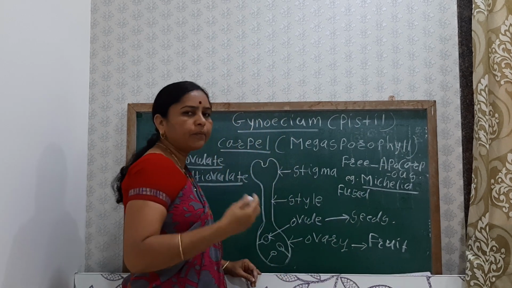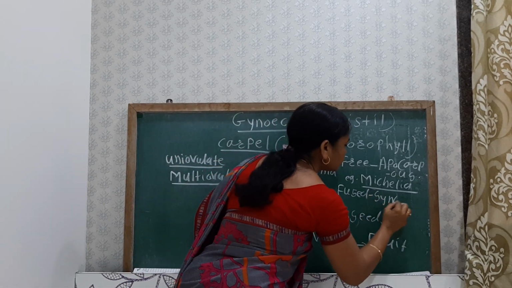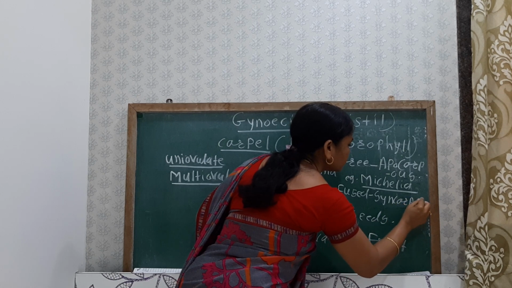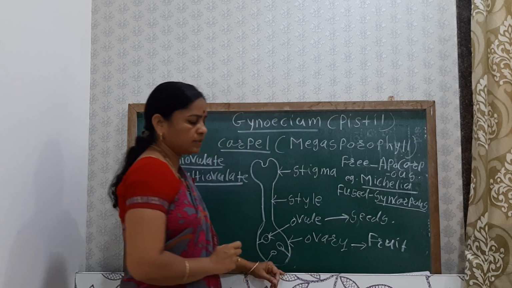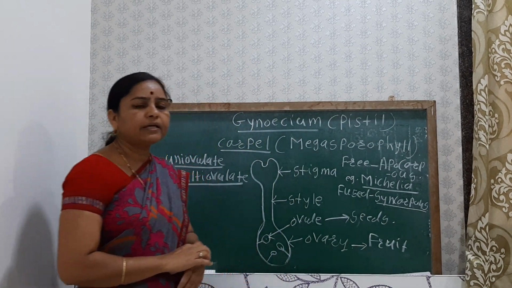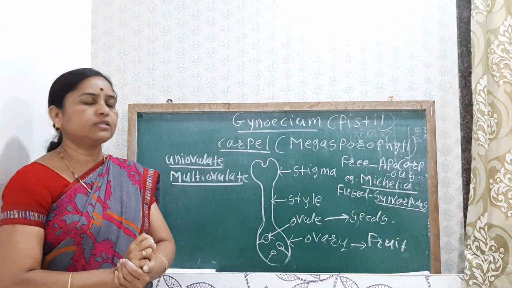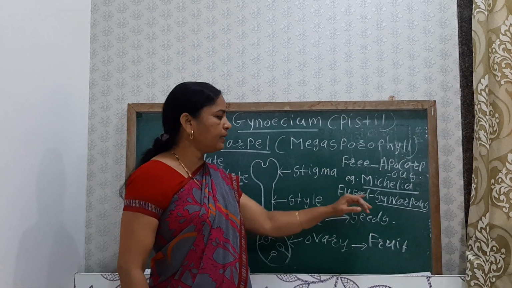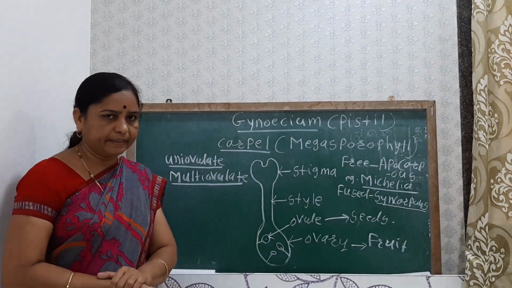If they are fused, this condition is known as syncarpous. Syncarpous means the carpels are fused, and the example is brinjal. In brinjal we generally see this condition, that the carpels are fused or united.